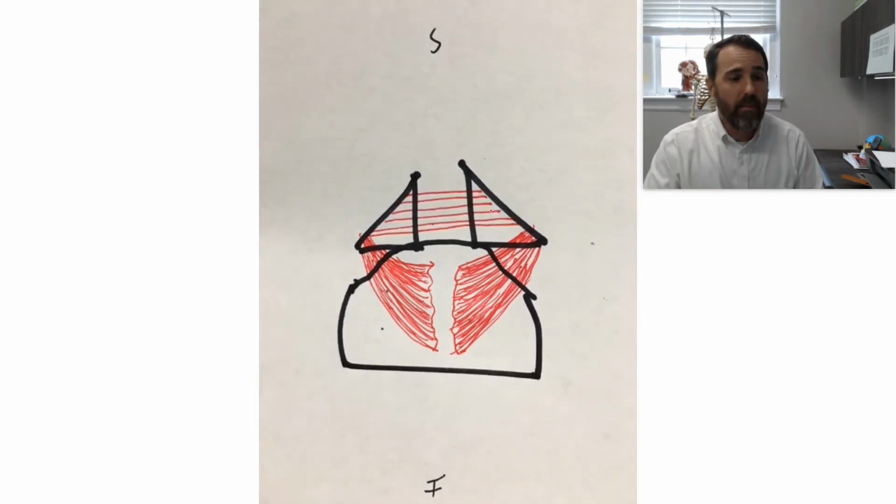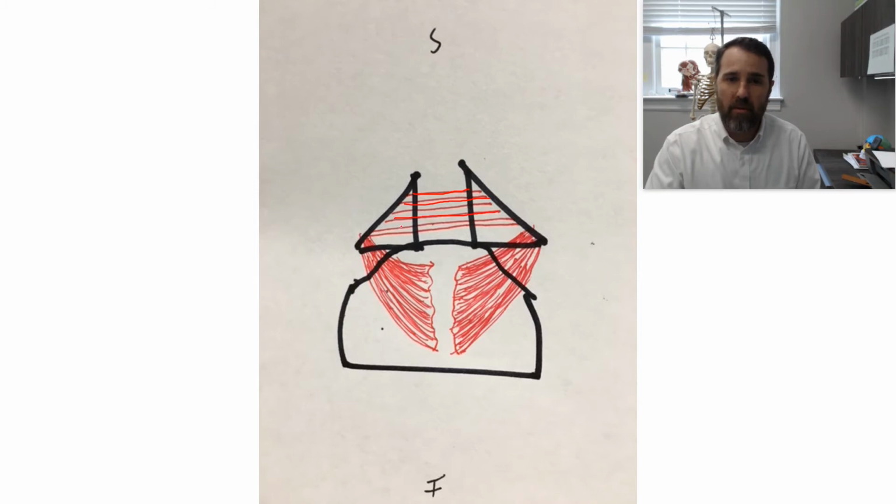Now, if we were to put a muscle directly between the arytenoids, we would call them the interarytenoids. And we have those muscles. They are the transverse and oblique interarytenoids. Transverse meaning horizontal. So the transverse interarytenoids look just like this.